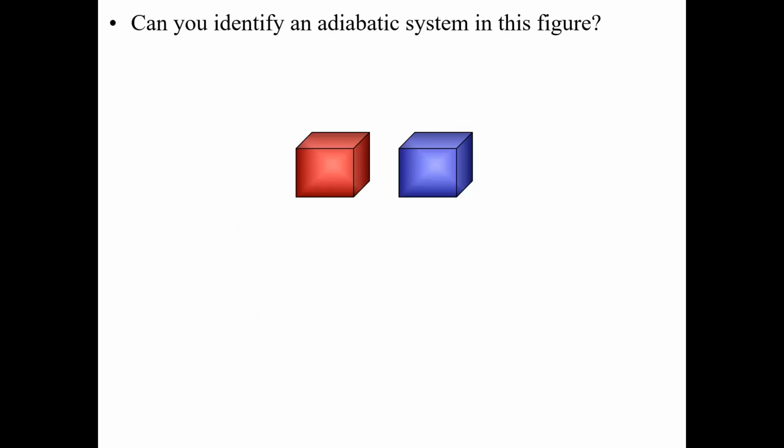Now let's say one simple example. Suppose here we have two blocks. One block is hot, the red block, and another block is cold, the blue block. When we put these blocks together, obviously the hot block is going to give heat to the cold block, right?